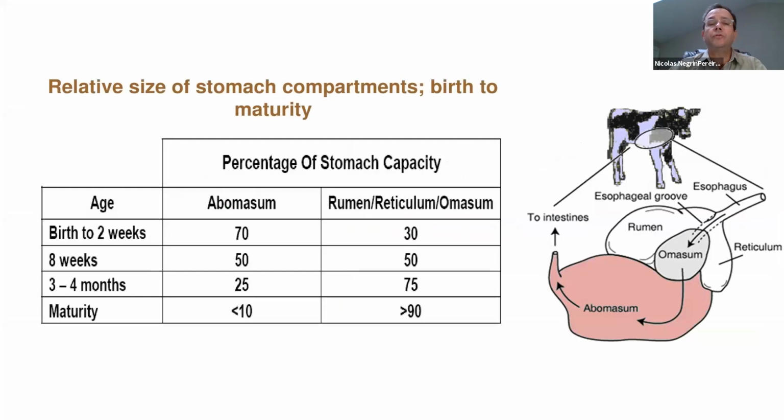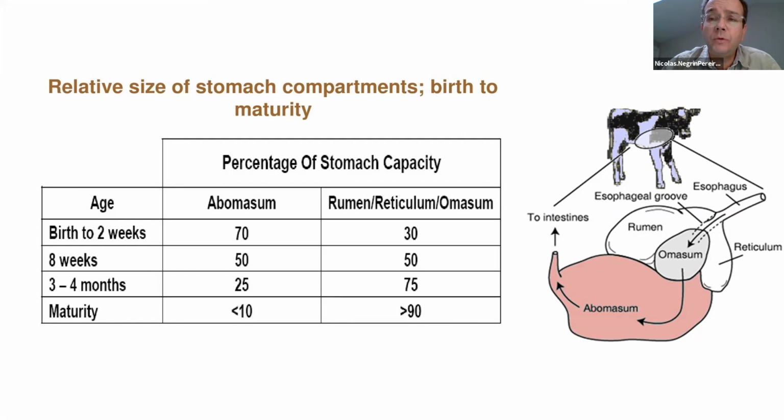This diagram also shows the evolution of the four stomachs of the calf, mainly related to the abomasum and the 3 other stomachs. From birth to 2 weeks of age, the abomasum represents 70% of the stomach capacity, while the other 3 compartments, rumen, reticulum, and omasum, only represent 30%. By 8 weeks, it's 50-50. And between 3 to 4 months is normally the age we wean the calf.